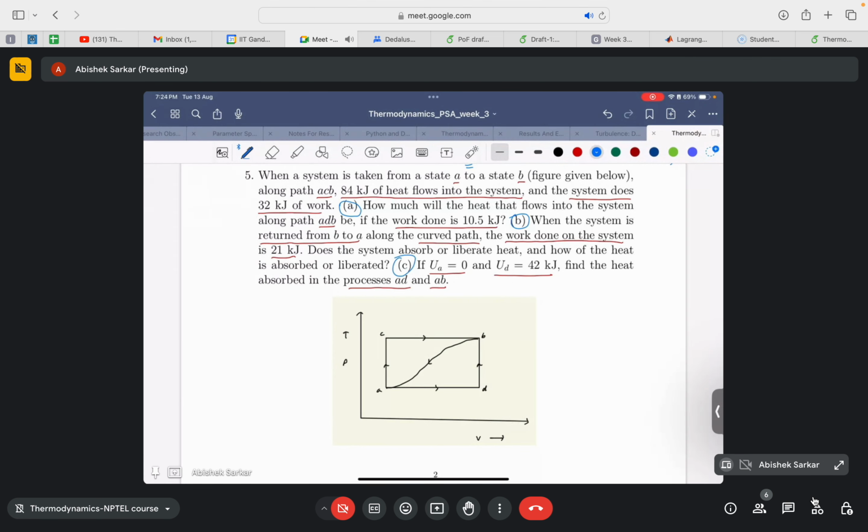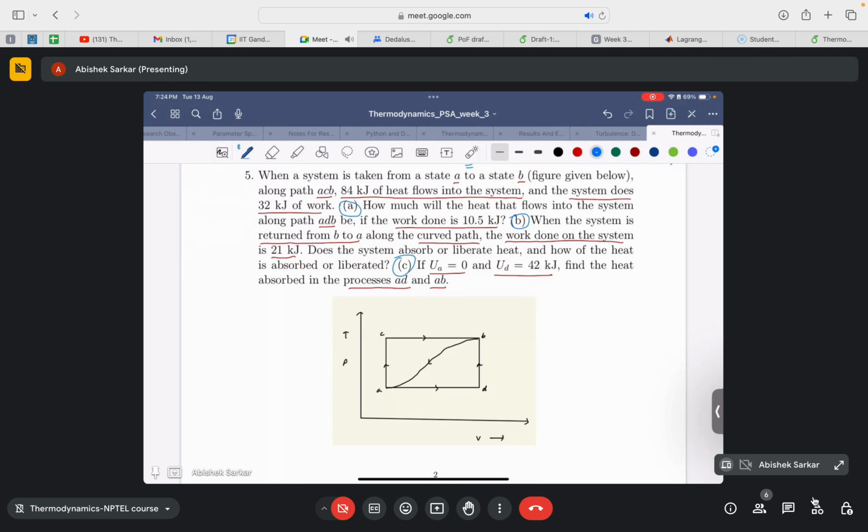Once you find the value of the unknowns asked in the previous sub-question of question number 5, only then can you solve the next one. So I'll suggest you go from A, B and C, and then try to solve it. You can take say up to 7:30, and in fact you can just tell me the answers for A, B and C time to time. That will be much better.